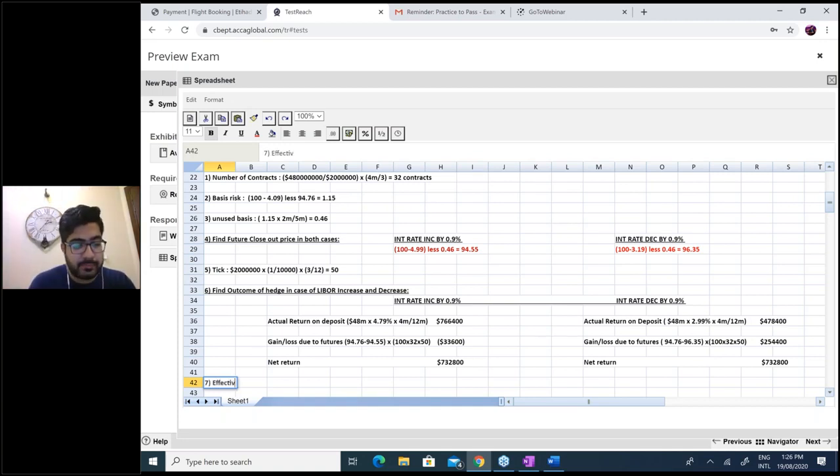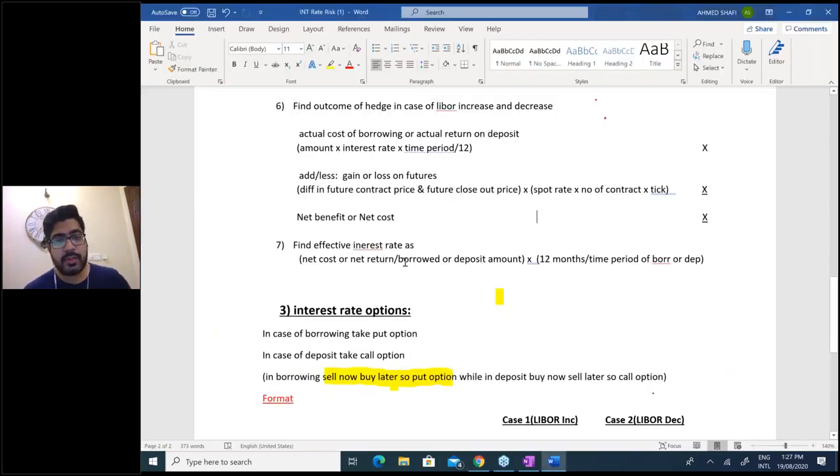Effective rate, pay attention. The formula of the effective rate is very easy: net cost or return over the borrowed or deposit amount, into 12 over the time period. So what is the net cost or return?